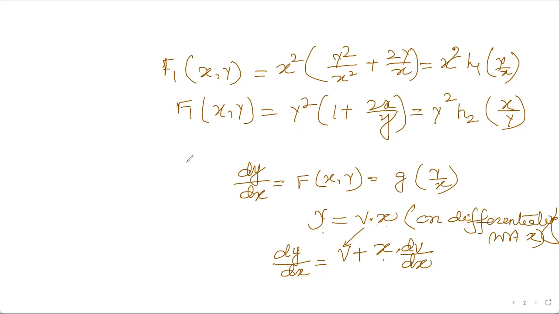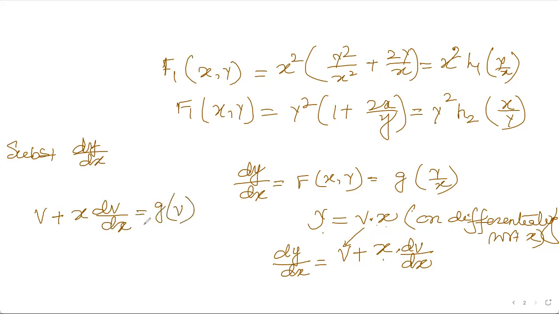And now if you substitute this value of dy by dx in this equation, you are getting v plus x dv by dx is equal to g(v), another expression in v.